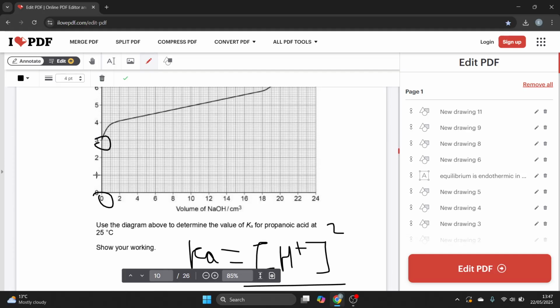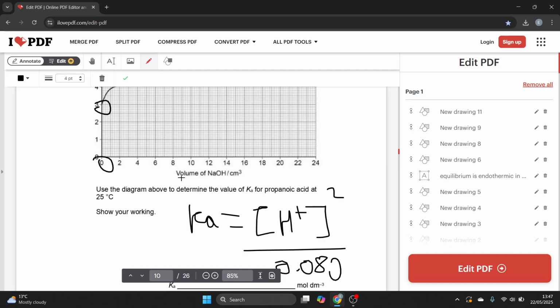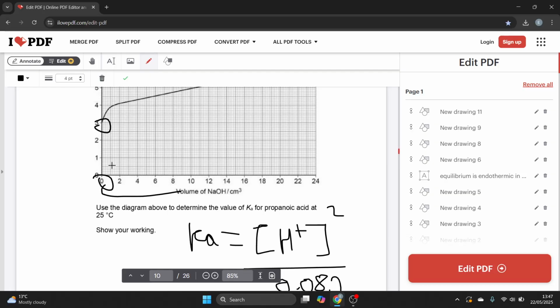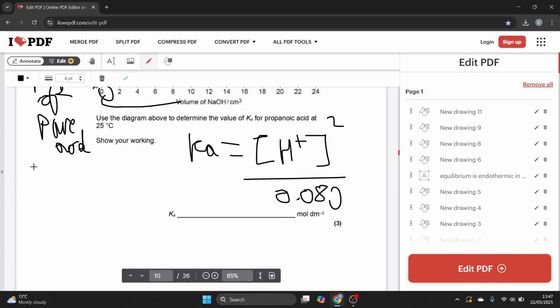How do I know this? Because once we use some logic, if 0 sodium hydroxide is added, then that tells me that's pure acid. That's the pH of pure acid. And if it's pure acid, concentration H plus equals concentration A minus. Therefore, I get this expression.